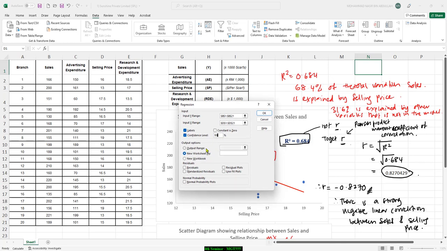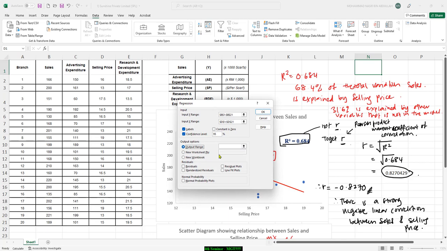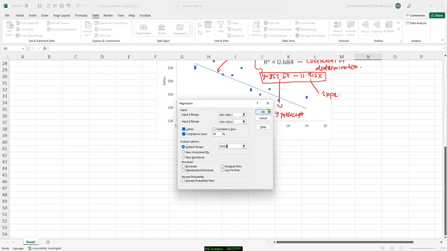And then for output option, kita tekan output range, kita nak dia display dekat sini. So kita tekan box untuk display result. Let's say I letak dekat sini lah, display result dekat F42, right? So next, dekat bawah ni dalam output option ni kita ada residual.